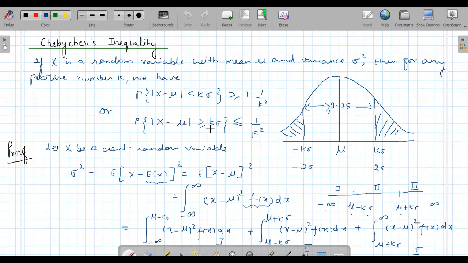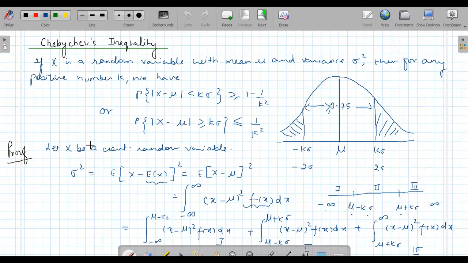Or we can say that area outside these two limits is less than 0.25. Obviously, when this value is greater than 75%, the total area under these tails will be less than 25%. So we can approximate the area between different limits using this inequality.